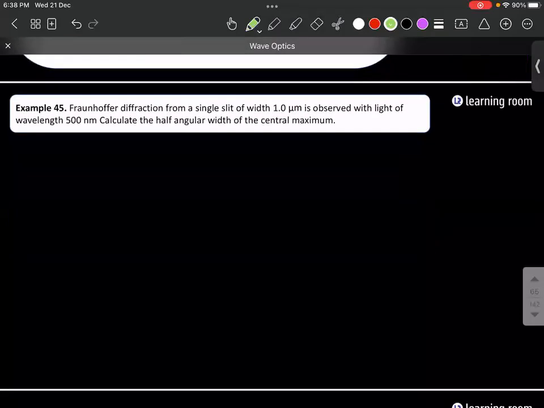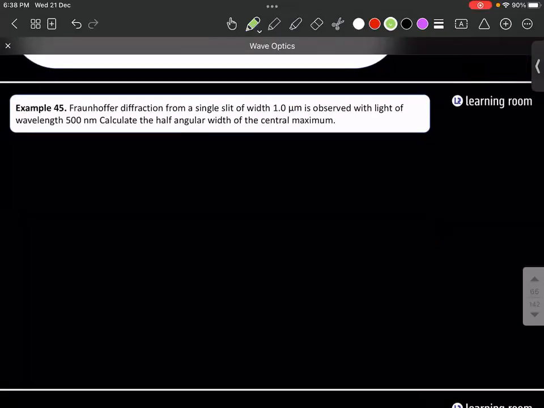Question is, diffraction from a single slit of width 1 micrometer is observed with light of wavelength 500 nanometer. Calculate the half angular width of the central maximum.